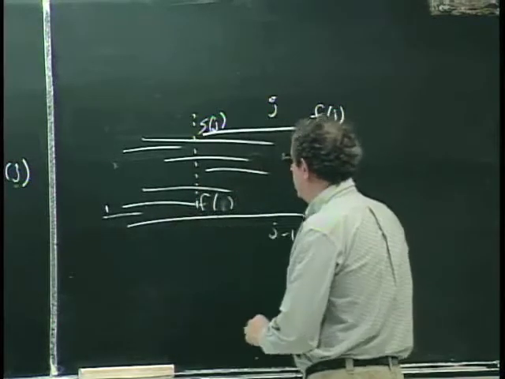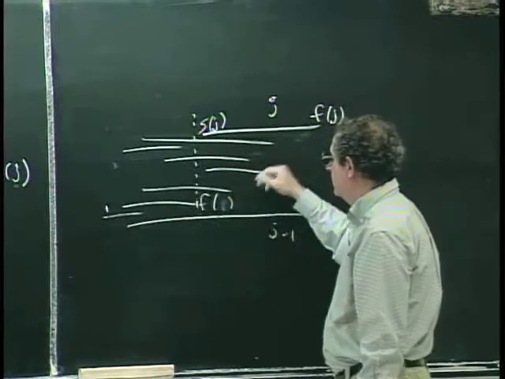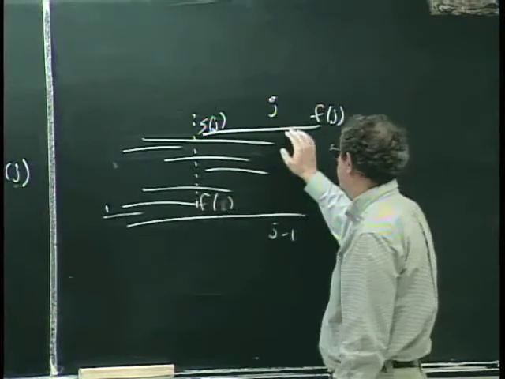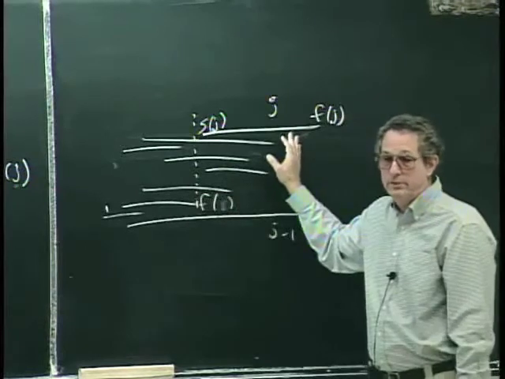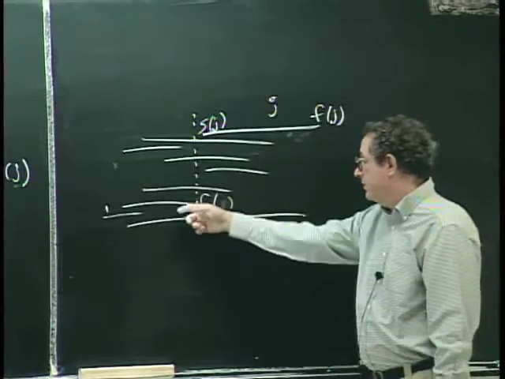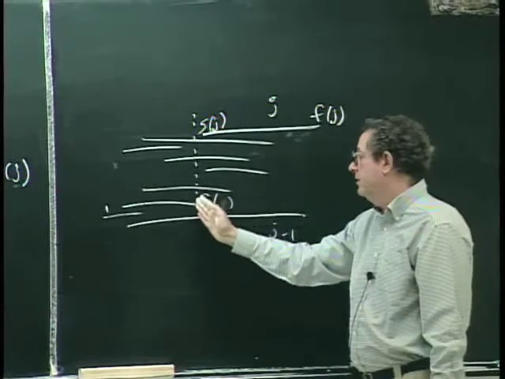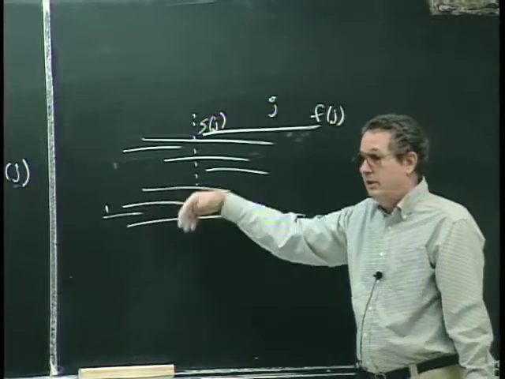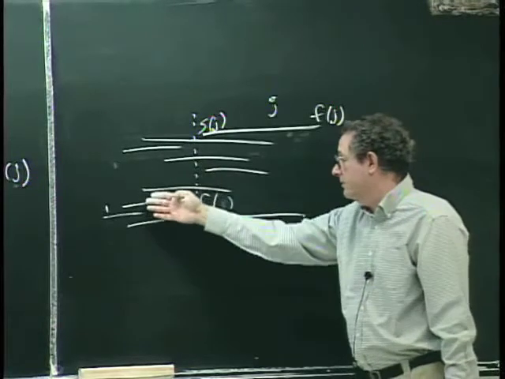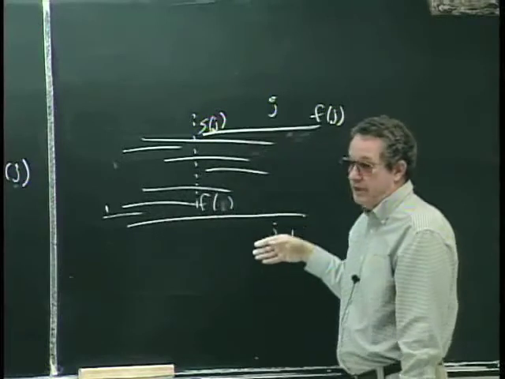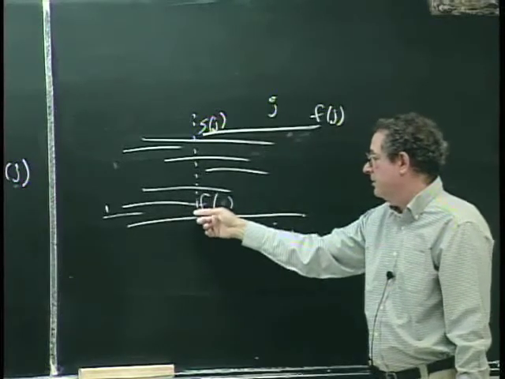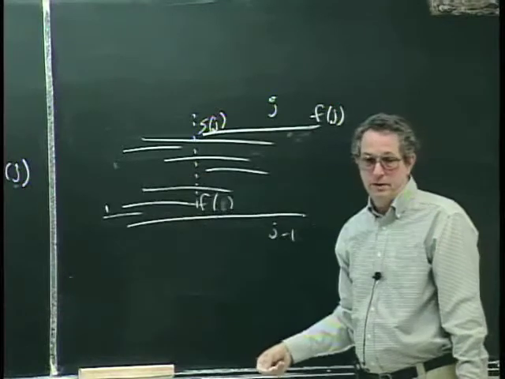So just pictorially, what intervals are available if you take j into your solution? What other intervals are possible to consider? It's this interval and everything before it in our sorted ordering, because you cannot allow any interval that intersects j. So it's this interval and everything that finishes before it.